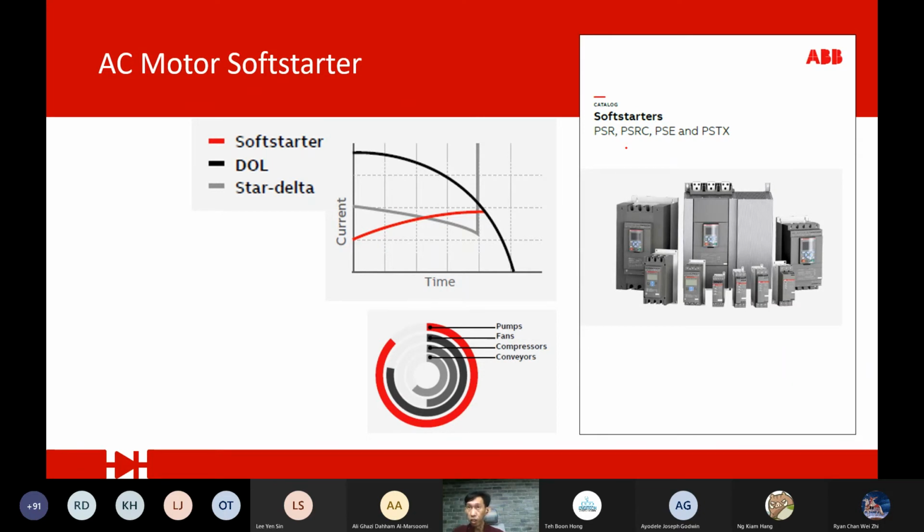One of the ways to solve this problem is to introduce a product called a soft starter. What the soft starter does is that the moment you start, it fires at a very high firing angle so that your wattage, the RMS voltage, is reduced. When your voltage reduces, your current reduces, and then slowly, usually in less than 1 or 2 seconds, it increases the voltage back to normal.